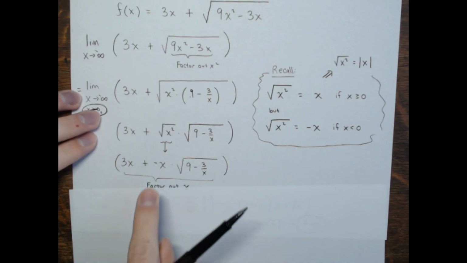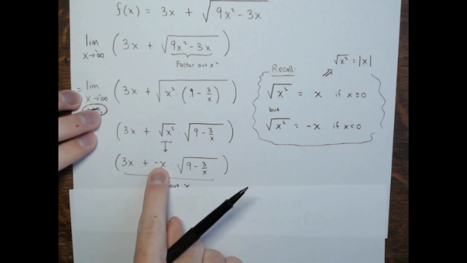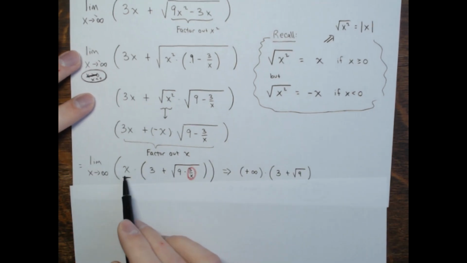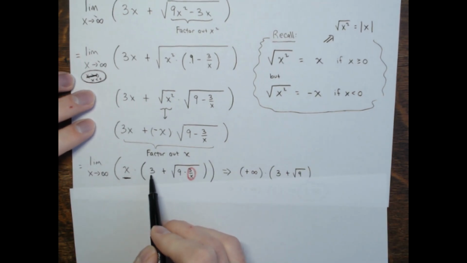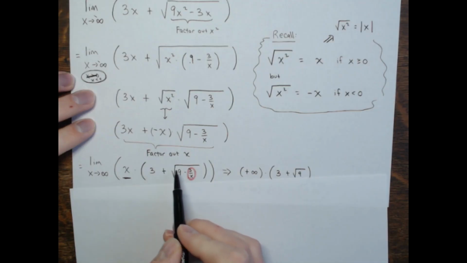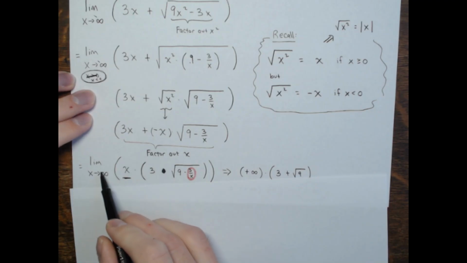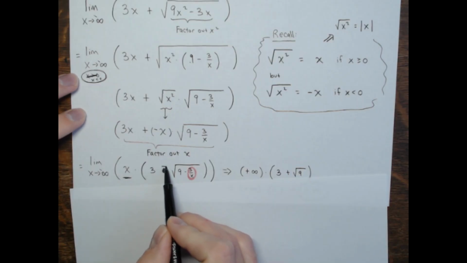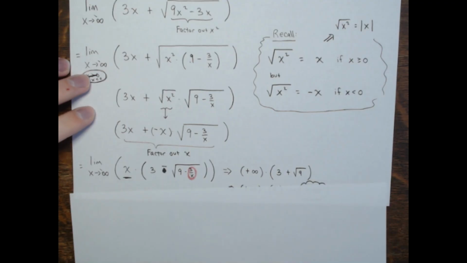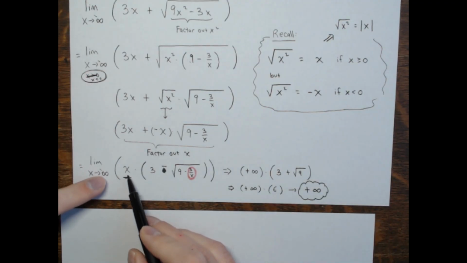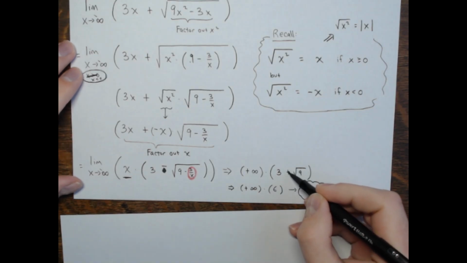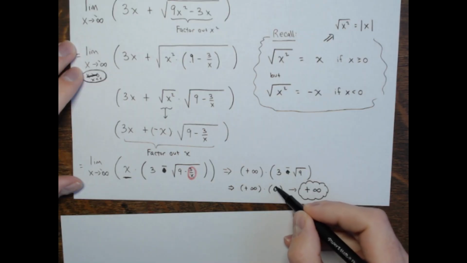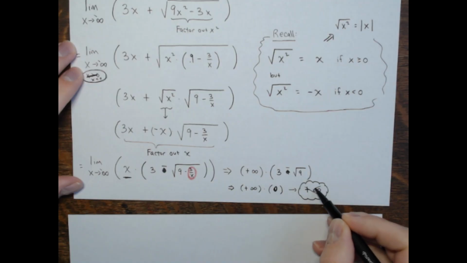So now I have negative x here, and then I would factor out an x. Instead of x times 3 plus the square root of 9 minus 3 over x, the limit as x approaches negative infinity is now x times the quantity 3 minus the square root of 9 minus 3 over x. So this first factor is approaching positive infinity. This second factor is approaching 3 minus 3, which is 0. And this is bad.